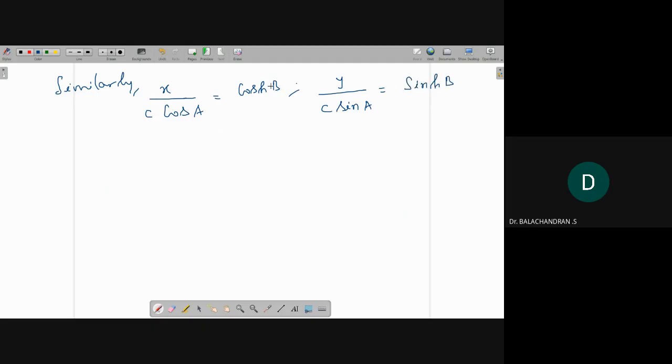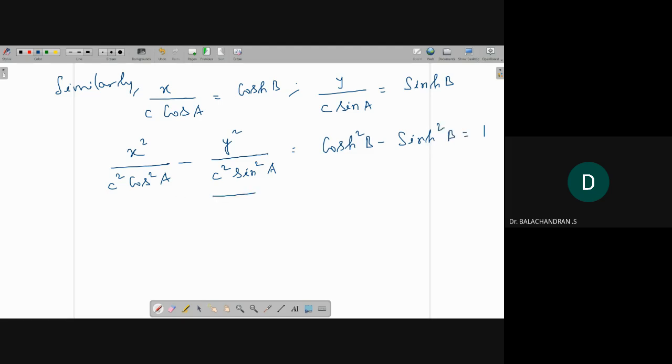So now you know the relationship between cos hb and sin hb: cos h square b minus sin h square b equal to 1. So x square divided by c square into cos square a minus y square divided by c square into sin square a equal to cos h square b minus sin h square b, equal to 1. So that's a proof.